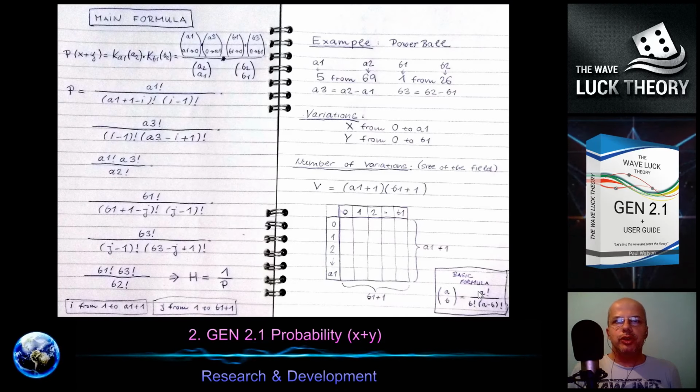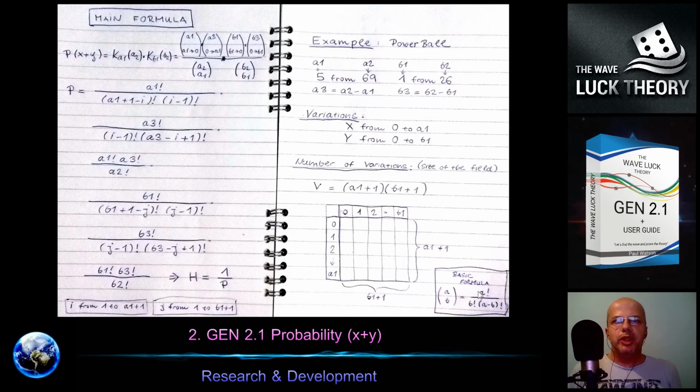So permutations are ordered. It means that, for example, if you are drawing numbers like 1, 2 and 3, it is different when you draw numbers like 2, 3, 1. So these are two different scenarios.